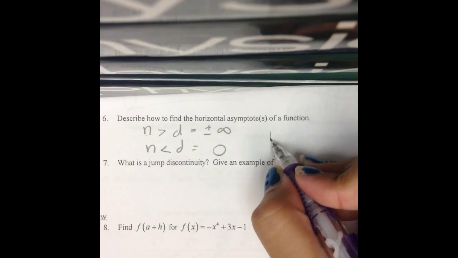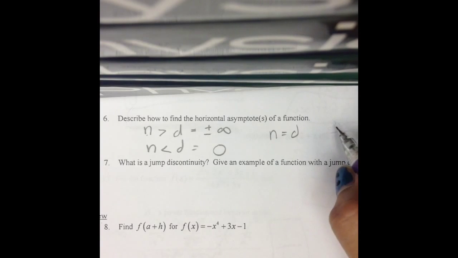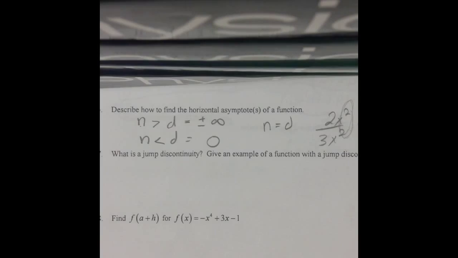And when your numerator equals your denominator, you have to take the ratio of the coefficients. So if you have 2x squared over 3x squared, your horizontal asymptote would be 2 over 3, because your exponents are the same.